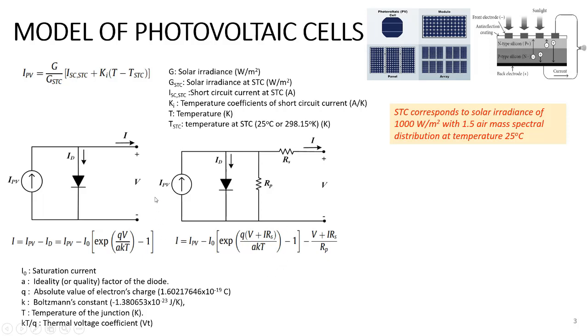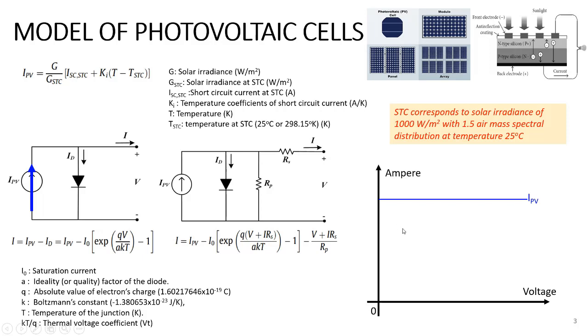From the ideal equivalent diagram, we may see that the output current I of the PV cell is the difference between the IPV and the ID currents. To visualize the current variation, we usually use the volt-ampere response as shown in the bottom right of the slide.